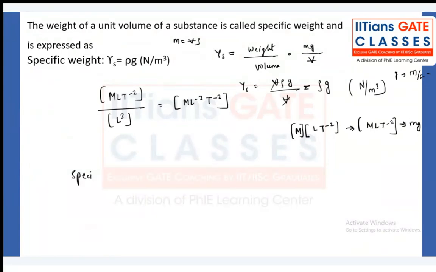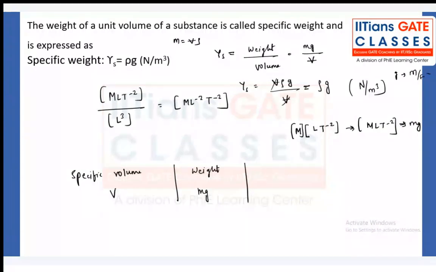See, if you talk about the specific volume and weight, weight is mg.